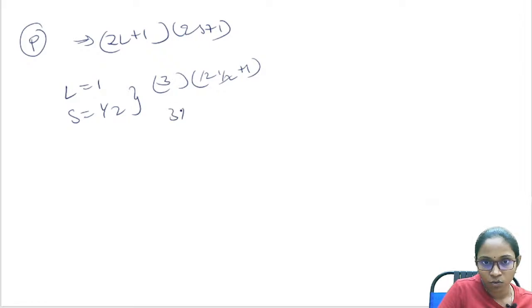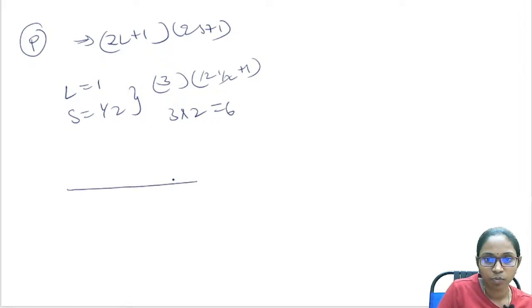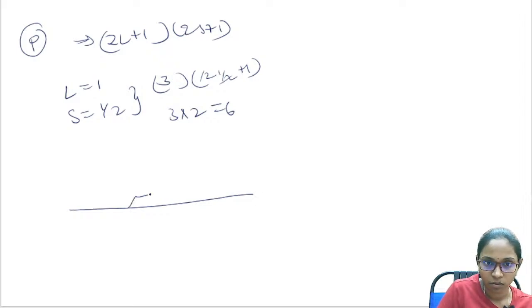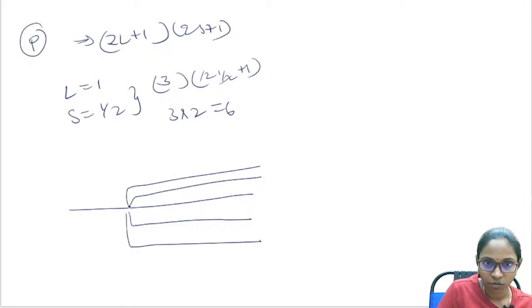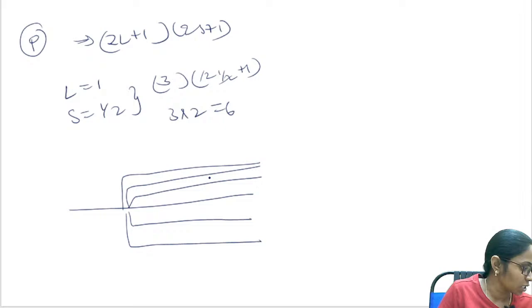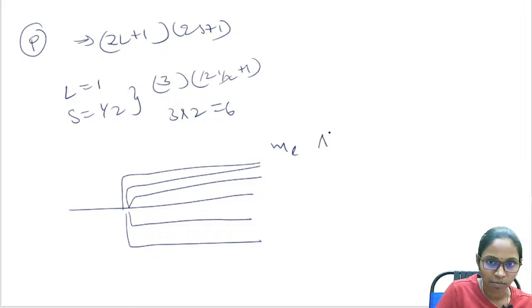So 3 into 2 will be 6. So p orbital is split into 6 levels. Now write the selection rules for ML and MS.